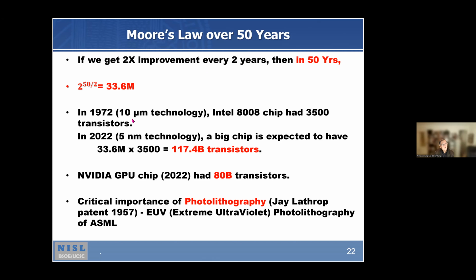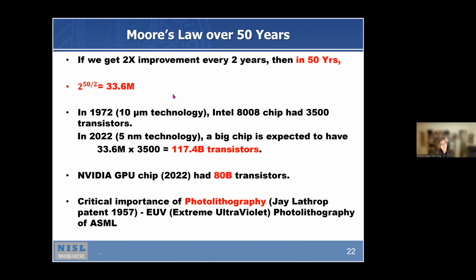In 1972, with 10 micron technology, the Intel 8008 chip had 3,500 transistors. In 2022, if you multiply 34 million by 3,500, it will be about 117 billion transistors. The NVIDIA GPU chip in 2022 had 80 billion. It's pretty close, actually, not bad, even less than a factor of 2.